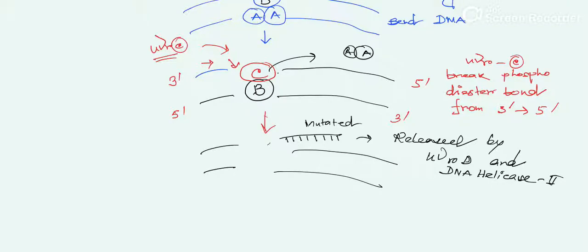So now this part has been removed and it is now an open part. In the last two steps of the pathway, now DNA pol 1 will come in.